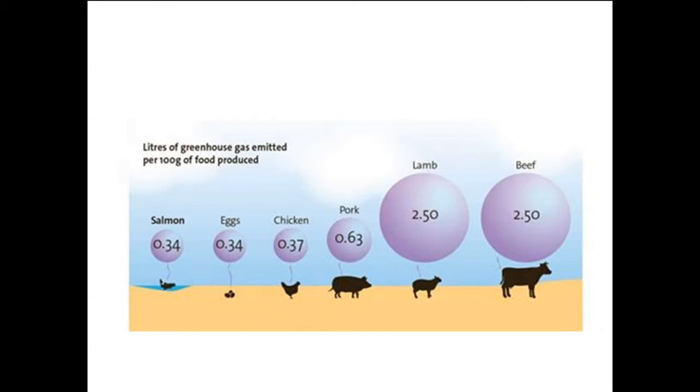We've got when an animal rots, all this is put into this equation, and then we come up with a figure for greenhouse gases. So according to this list, it's eggs and chicken and maybe pork that are the best type of food to eat. Lamb and beef are much more intensive, and the argument could be that they produce a lot more methane in their lifespan.